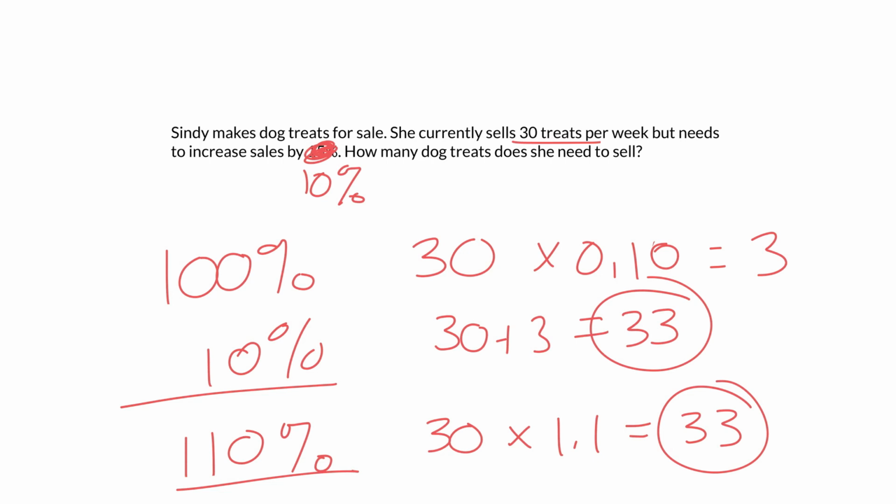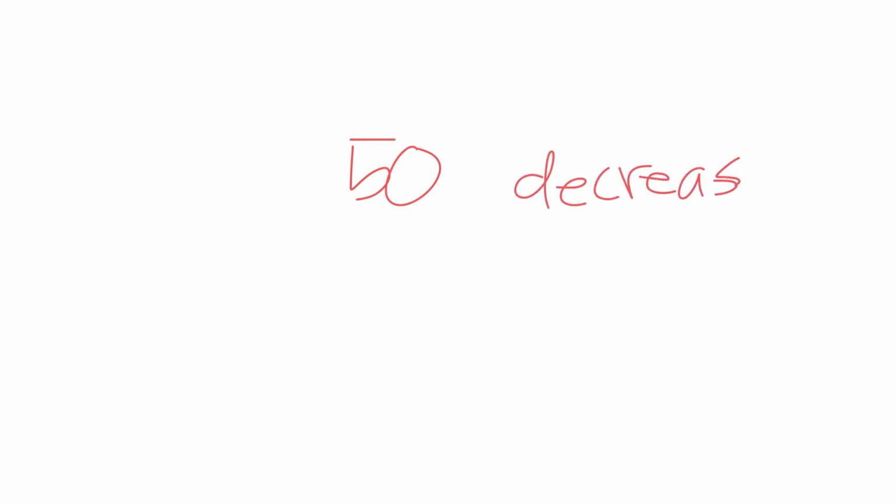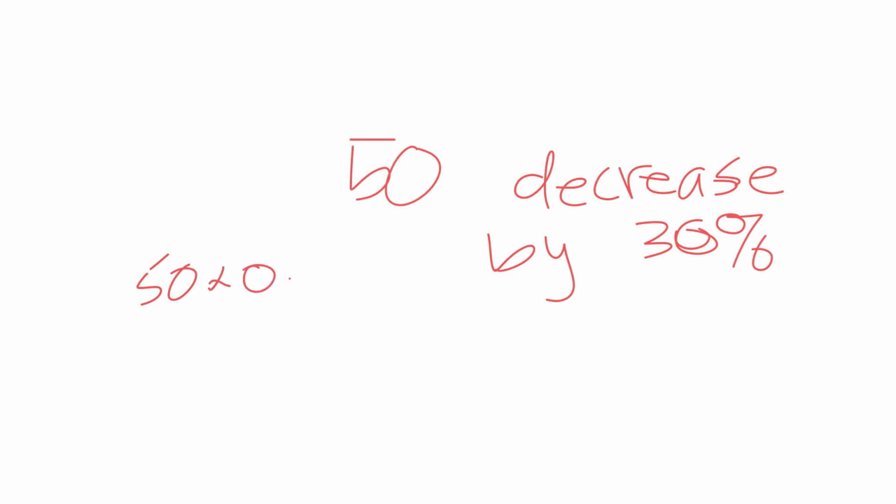Same thing on the flip side. If I wanted to do, say, the number 50 and do a decrease by 30%, I could do both of these in the same way as well. I could do 50 times 0.3, which is going to give me 15.